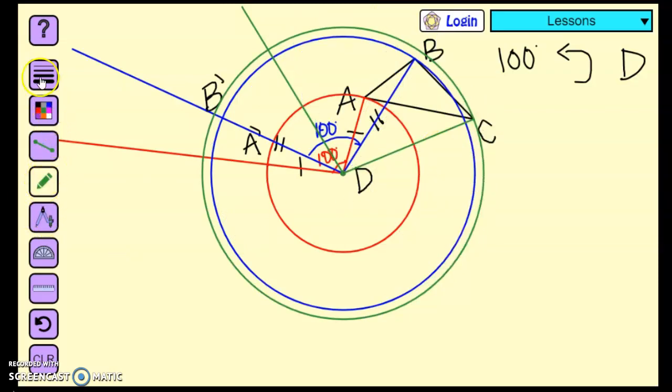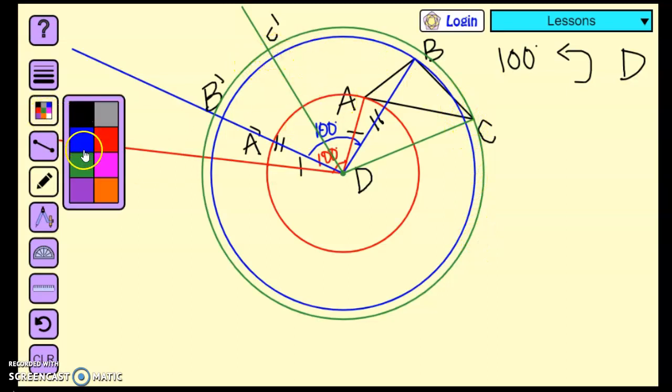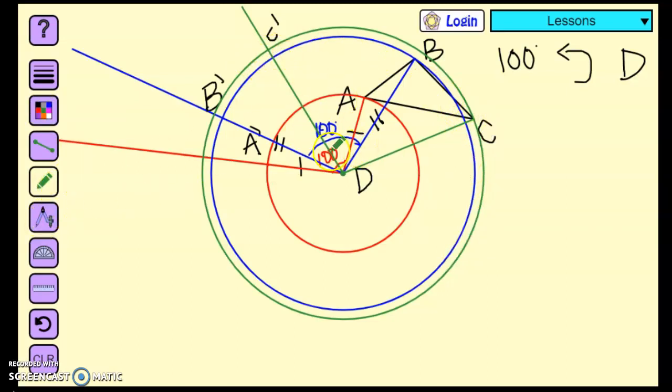Okay. And then I know my point C prime is going to be right here where the green circle intersects this ray. And I also know that this green angle is 100 degrees, so I measured that with my protractor, and I know that CD is the same length as C prime D, because these are both radii of the green circle.